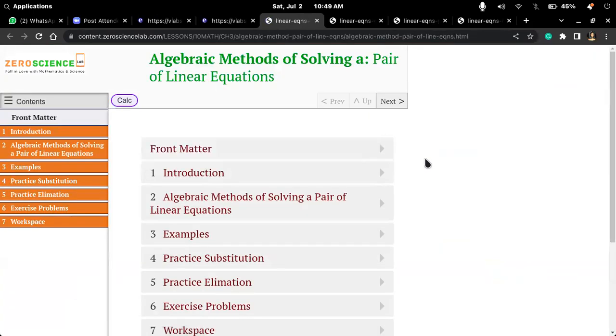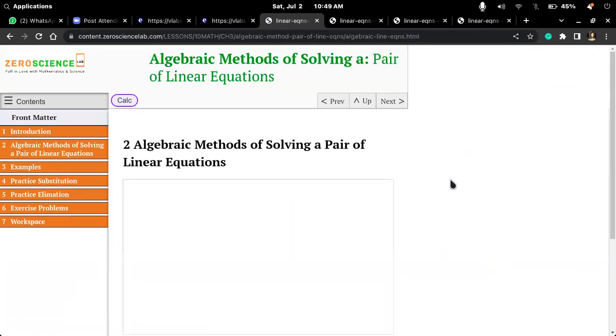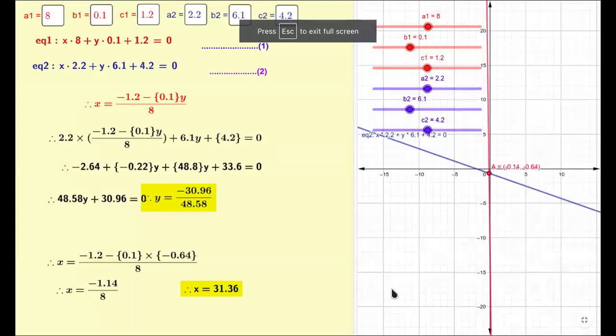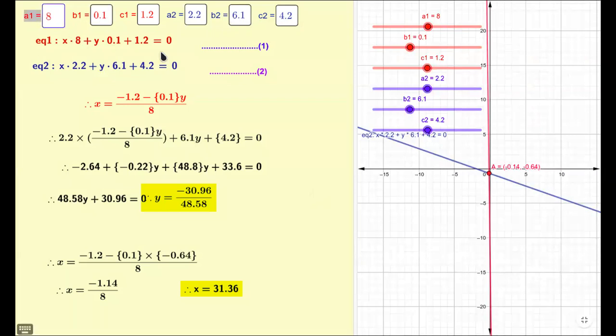So what are the different algebraic methods? So you can enter any pair of linear equations and then you can identify the intercepts or the solution.